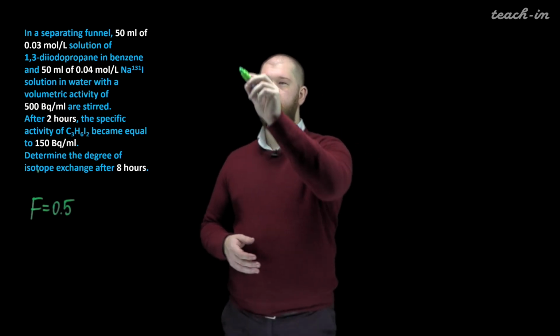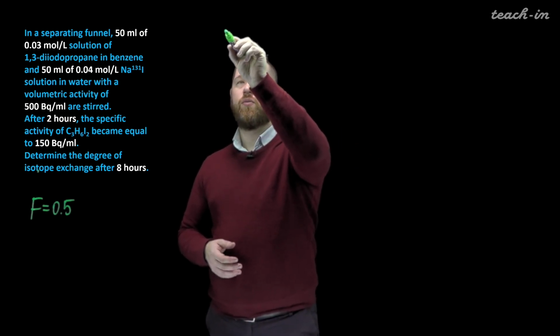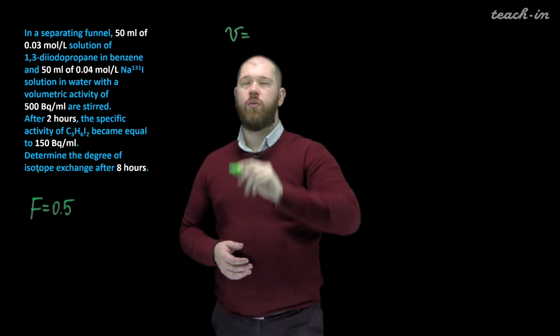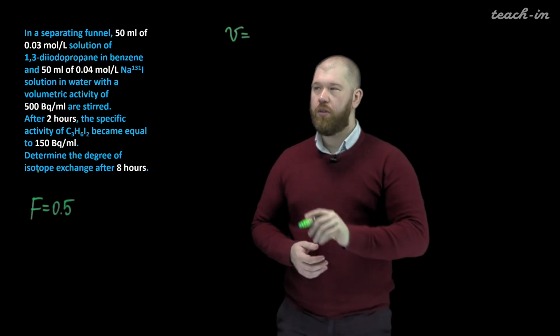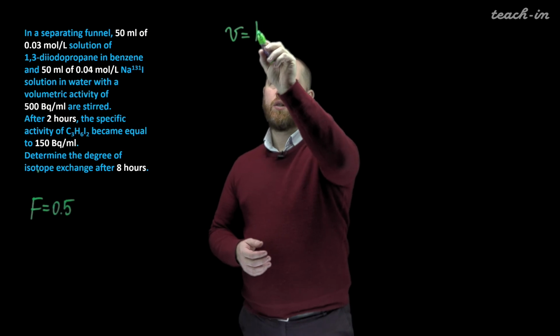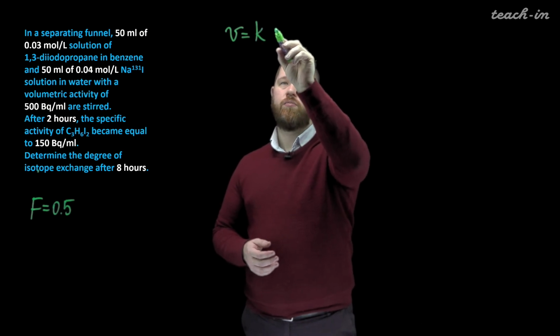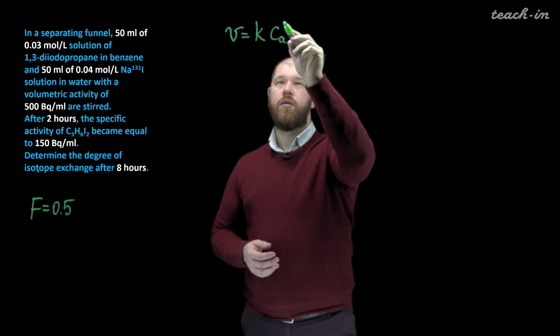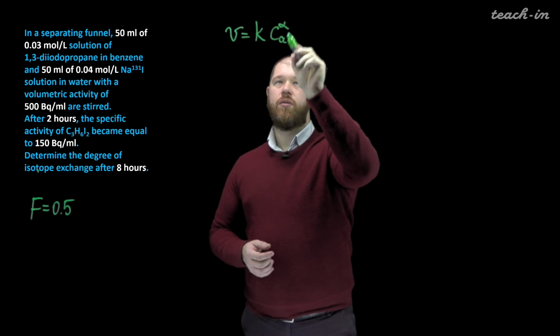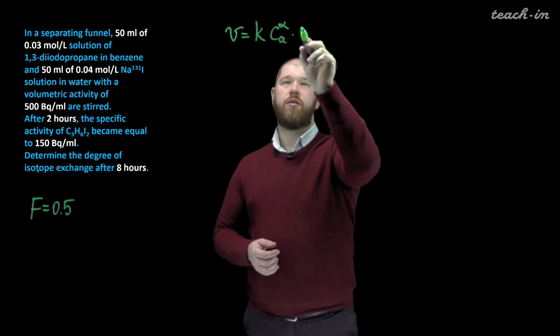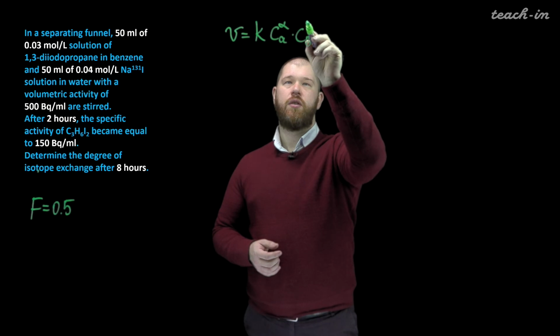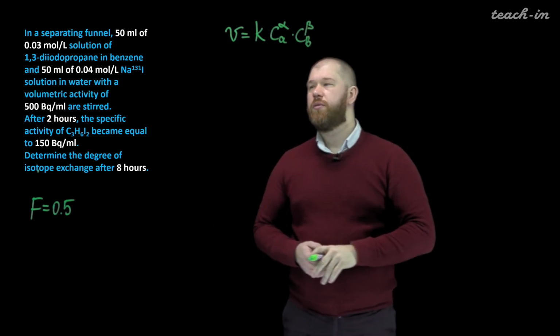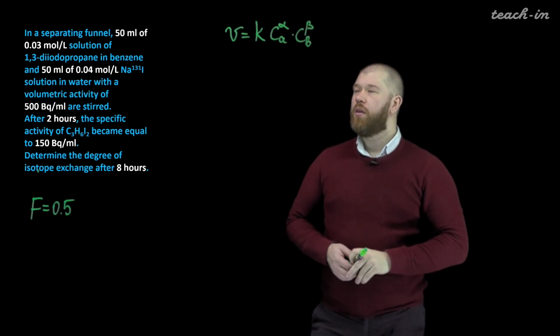When we write the equation for the rate of a chemical reaction, we can write it as the concentration of component A to the degree alpha, and component B with the index beta.